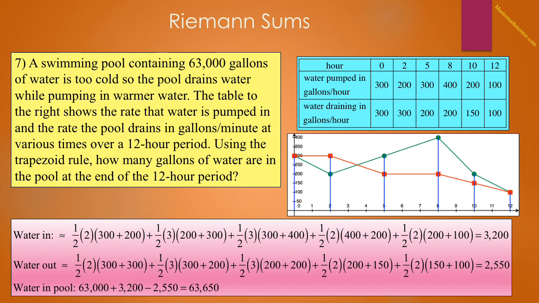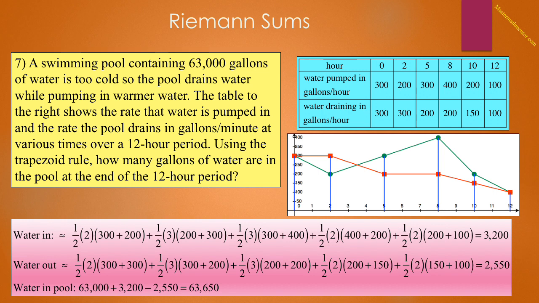So the amount of water in the pool is 63,000, which was what we started with, plus the water coming in, which is 3,200 gallons, minus the water coming out, which is 2,550 gallons, and we have, at the end of the 12-hour period, approximately 63,650 gallons.